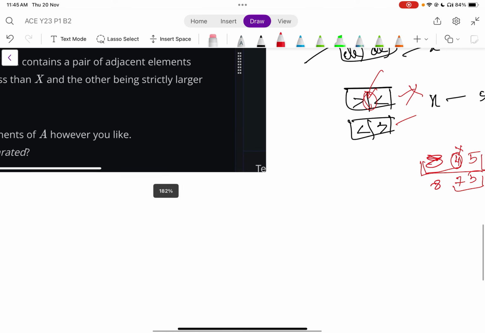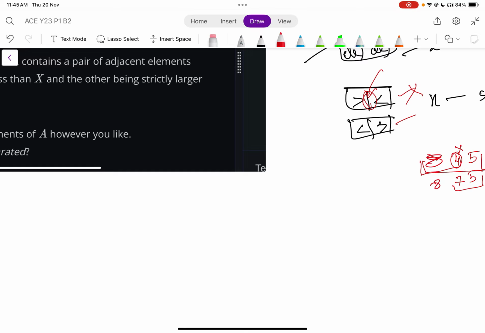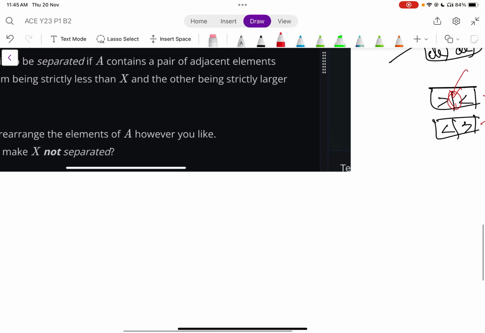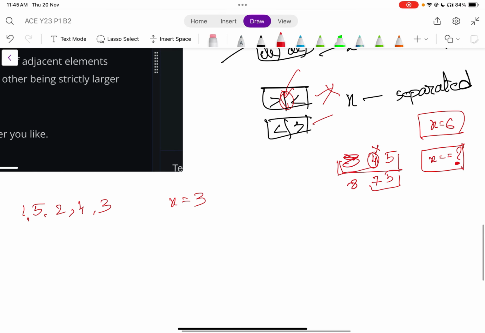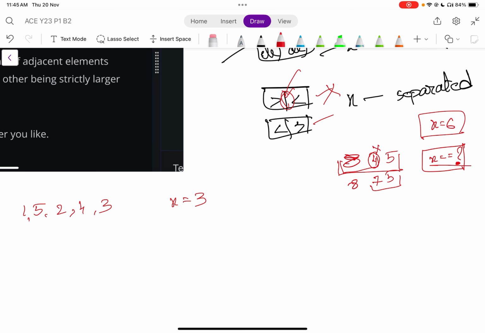So let's go with this one test case. Okay. So see here, you have 1, 5, 2, 4, and then 3. Consider your x as 3. According to what we have discussed, we should have exactly x, right?